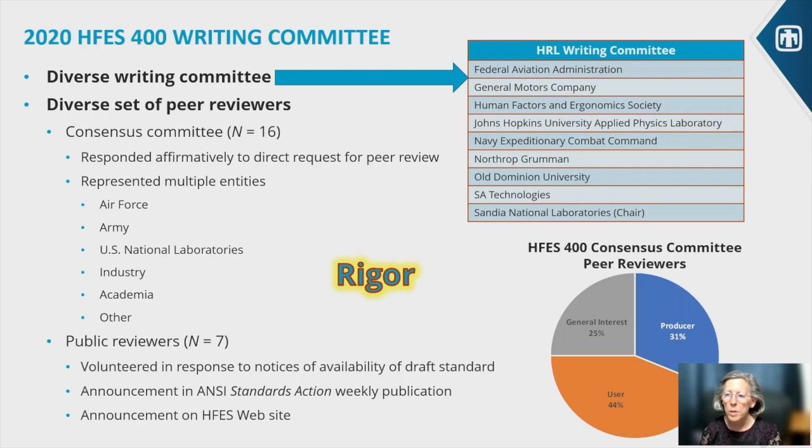And so there were 7 people who responded in that way. For them, we are obligated to address their feedback and incorporate it in some way into the standard, but they're not voting members in the same way that the consensus committee is. So everyone on the consensus committee gets a final vote to say, yes, I think this standard should go forward and be approved, either as is or pending changes.